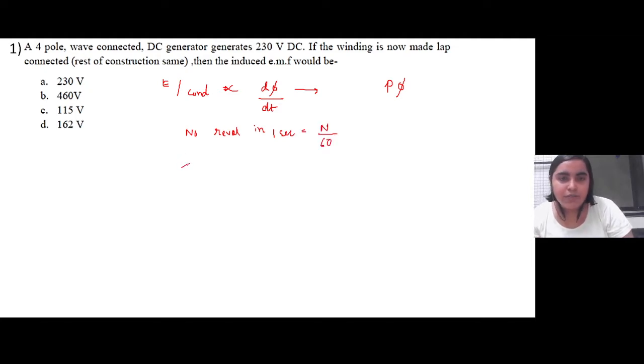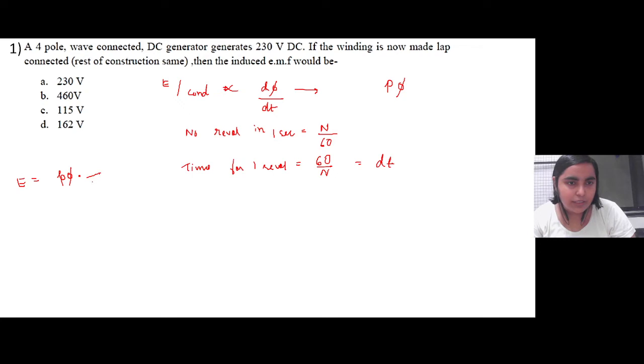So the time for one revolution is the reverse of this, that is 60 by n, which is equal to dt. Now, if we write the equation of the generated EMF per parallel path in the armature, it will be given as E is equal to d phi, which is P into phi, divided by dt, which is 60 by n.